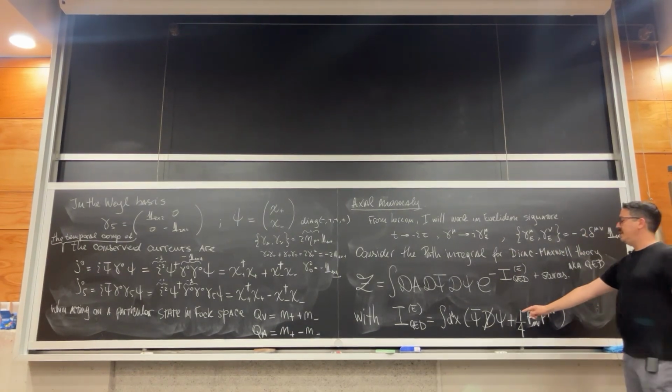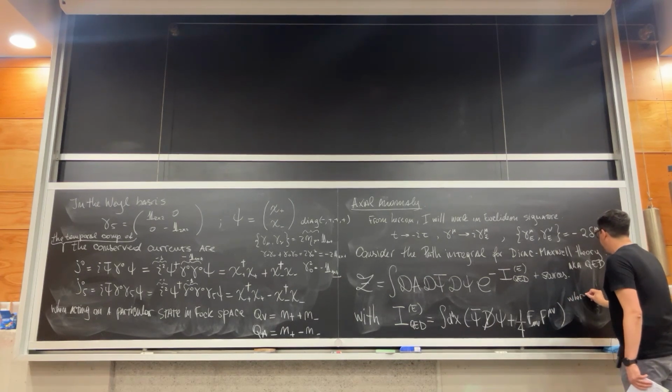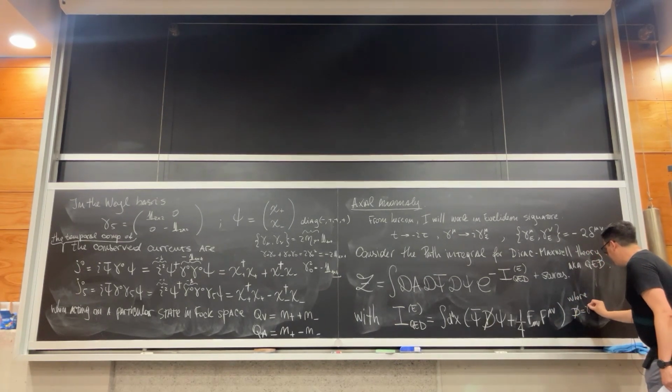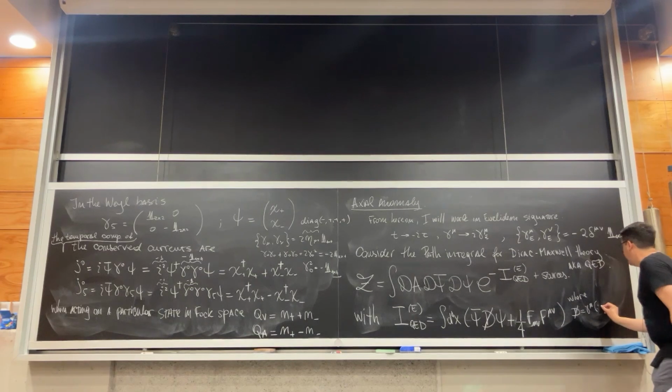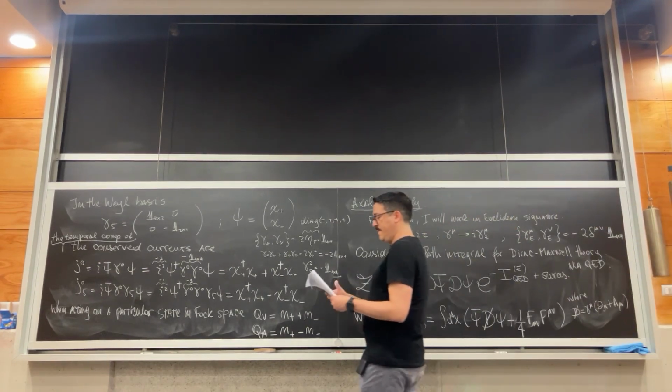And now this slash is gamma^mu D_mu, and the covariant derivative for the U(1) gauge connection. So this is the connection for the U(1). Okay?